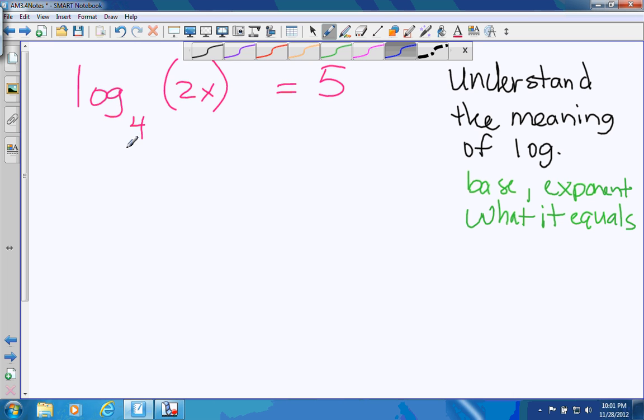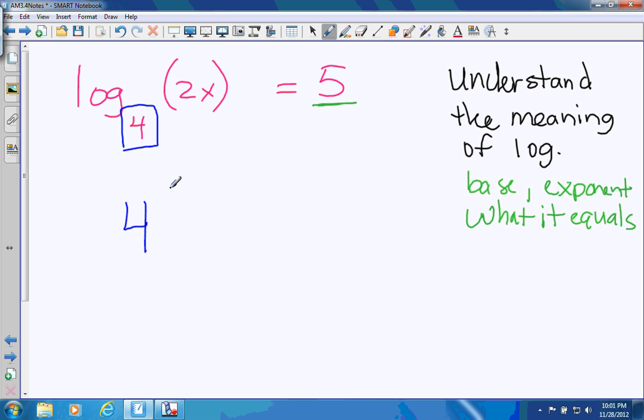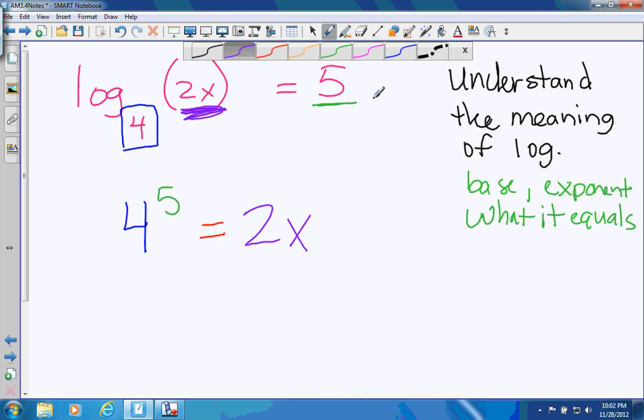So we know 4 is our base, 5 is the exponent, and it equals 2x. And then it's just a matter of solving this.